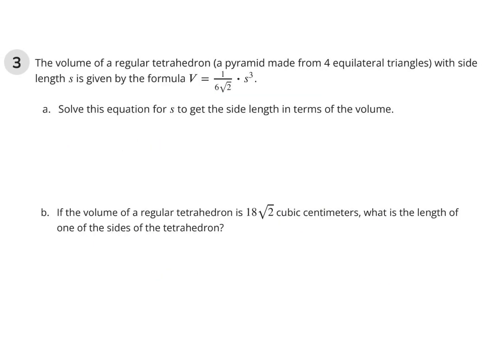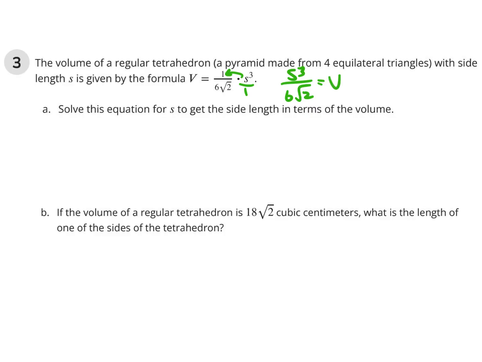Okay, they give us this equation here. Solve this equation for s. Okay. So now, the 1 times s cubed goes on top, so it should look like this: s cubed over 6 root 2 equals v.